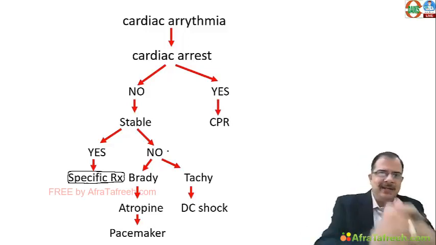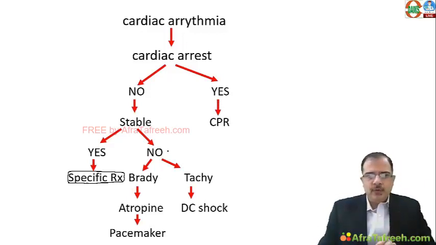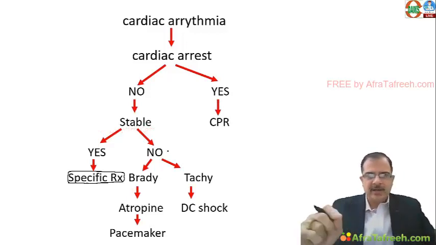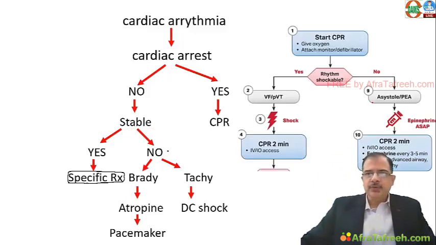Look at the clinical scenario, how the patient is coming to you. This is a simplified flow chart for your exams, and try to make this flow chart in rough and look into the clinical information given. These are the 2020 AHA guidelines on CPR. All of you know, you have done it in your classes.